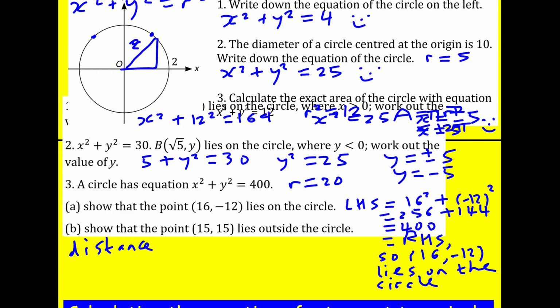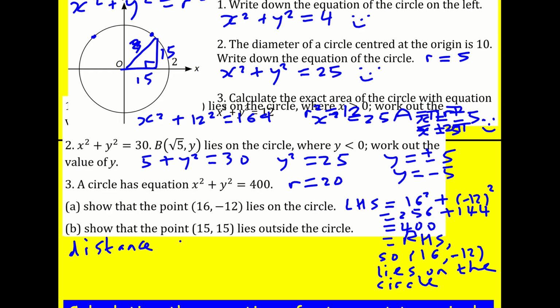So I'm kind of hijacking this diagram, but I can use Pythagoras' theorem to work out the distance from the origin to the point. And if that's less than the radius, then it's inside the circle. If it's more than the radius, it's outside the circle. If it's equal to the radius, then it's on the circle. To be honest, that might be the approach to go with in general, but there are times when the part A approach is really helpful.